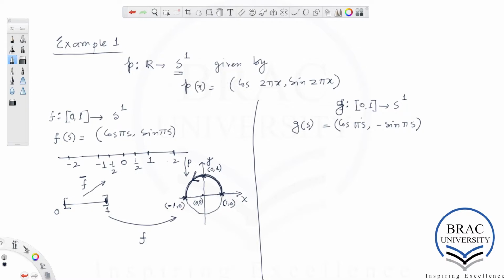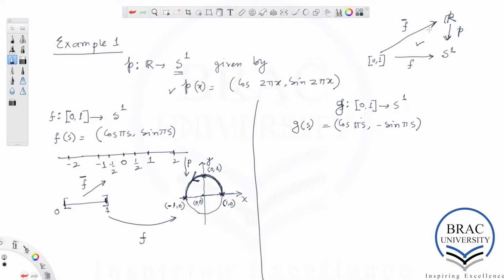That is a map from 0, 1 to R. So in this case I have this covering map from the real line to the circle, and I have this path F from 0, 1 to S1, and I'm looking for this lift F bar that will make this diagram commute.